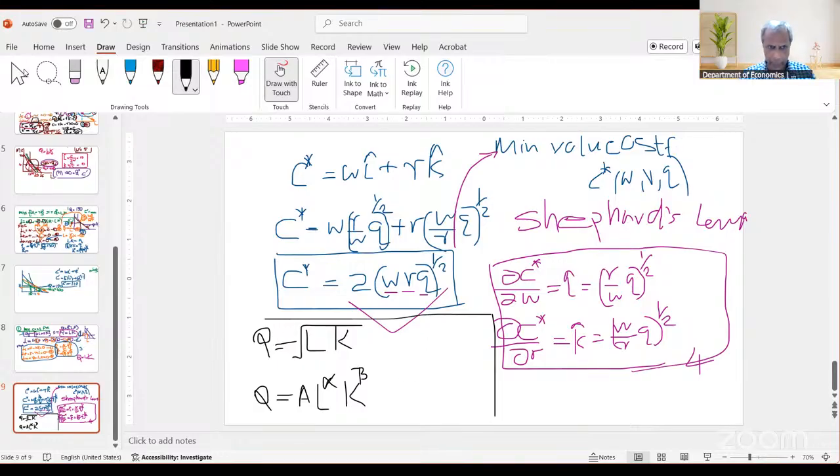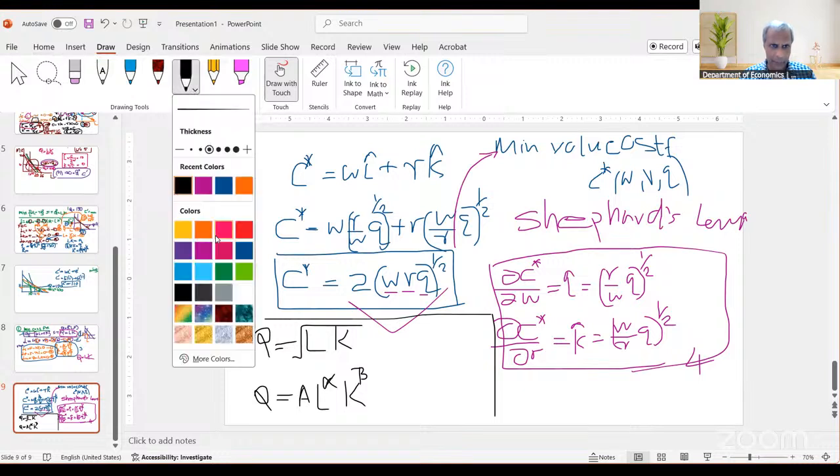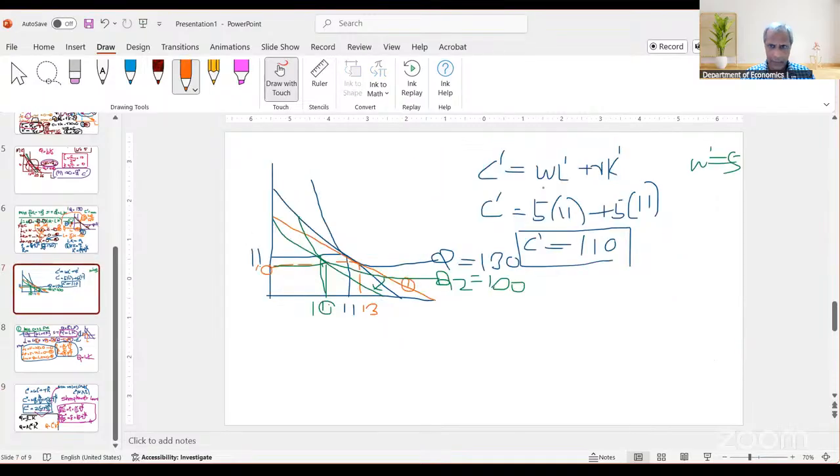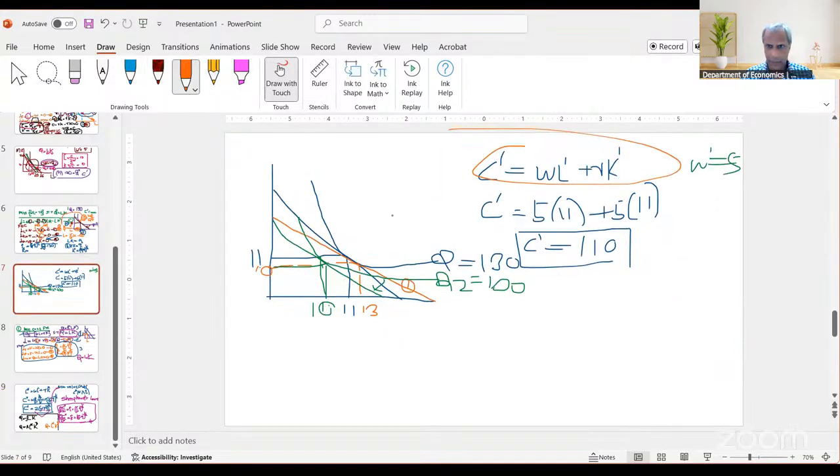For the third one also, maybe I give it, you can practice before the exam. Or maybe I give a little simple one, L alpha, K beta. The other things are the same because of the cost equation and everything.